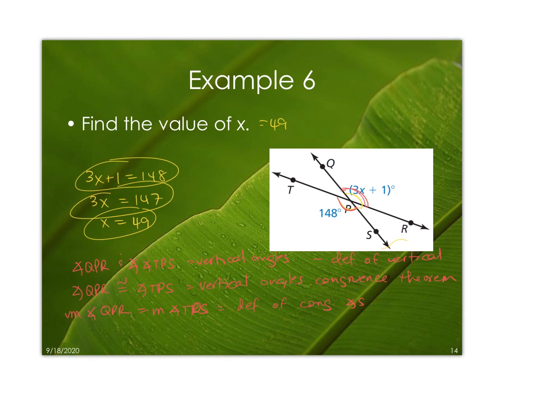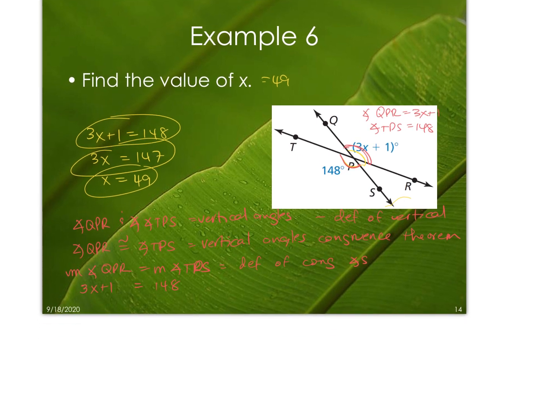Okay? And then if I know their measures are the same, then I know that I can substitute their expressions for the measures, right? Because I know that angle QPR equals 3x plus 1. I know that angle TPS equals 148. And so I can sub it into this problem that 3x plus 1 must equal 148.